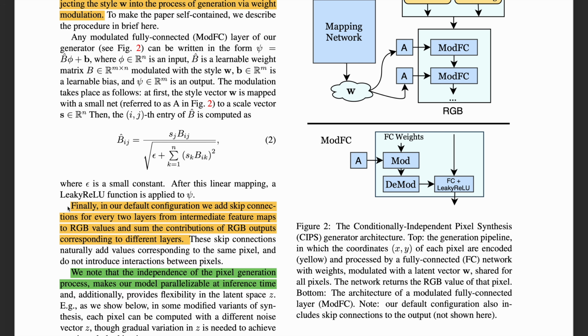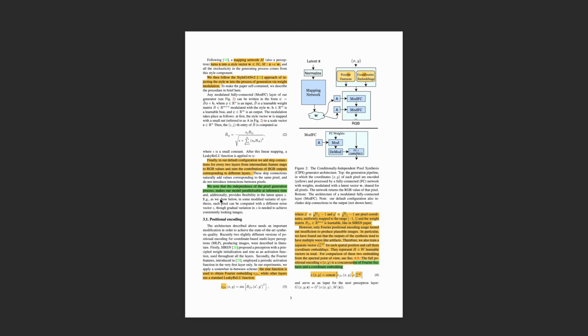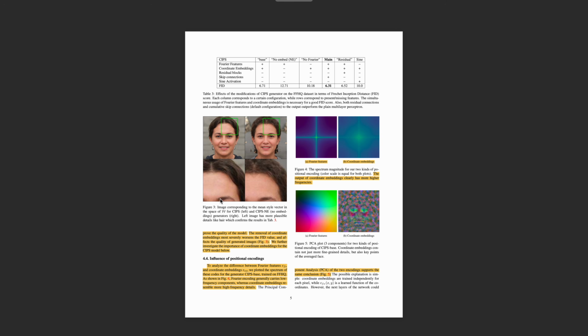Therefore, the final RGB output is the sum. Some of it is coming from the last block, but then you also have all the skip connections. The final RGB value is just the sum of all of that. And they say that led to much better results.